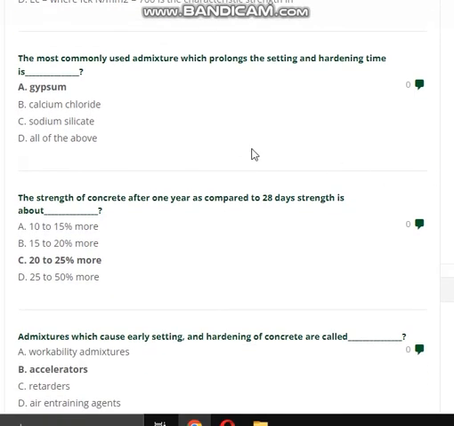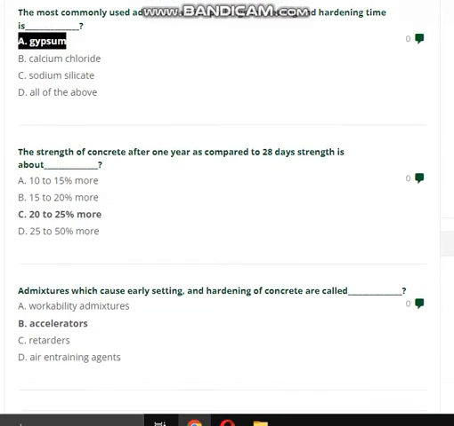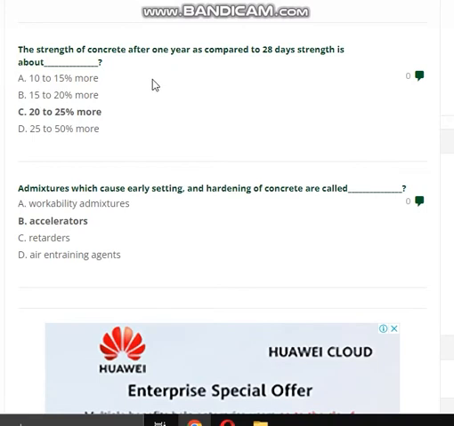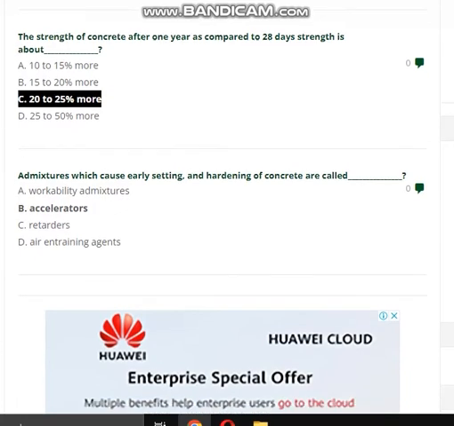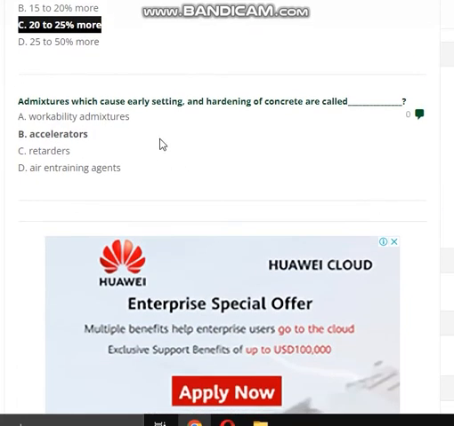The most commonly used admixture which prolongs the setting and hardening time is gypsum. The strength of concrete after 1 year as compared to 28 days strength is about 20 to 25% more. Admixture which causes early setting and hardening of concrete is called accelerator.